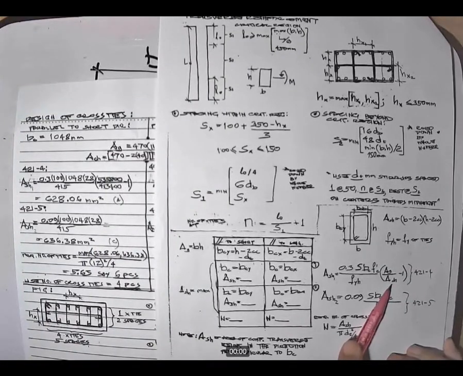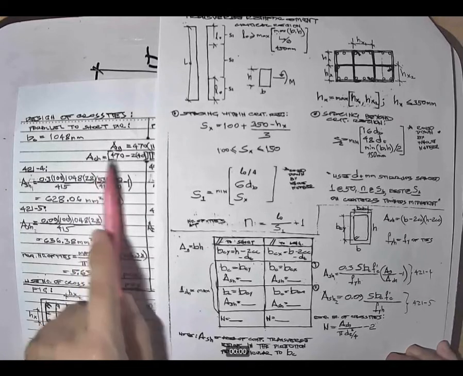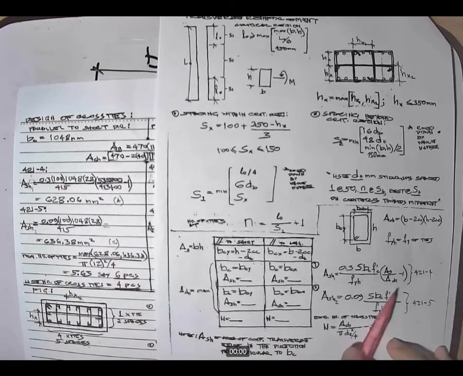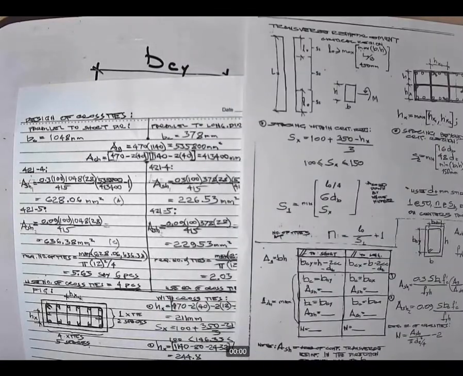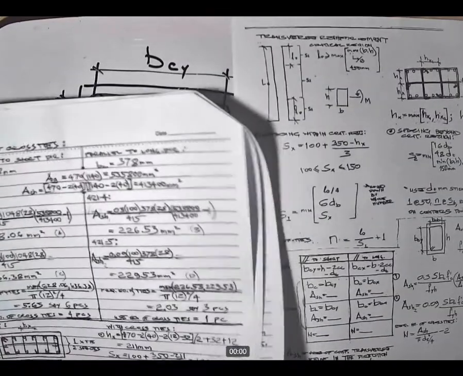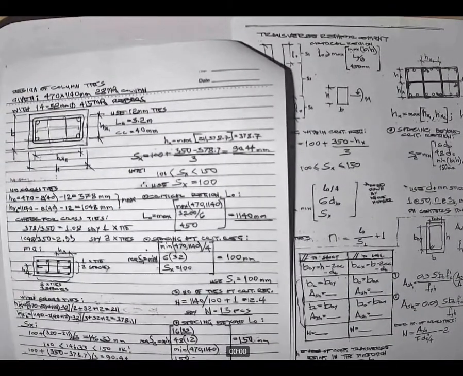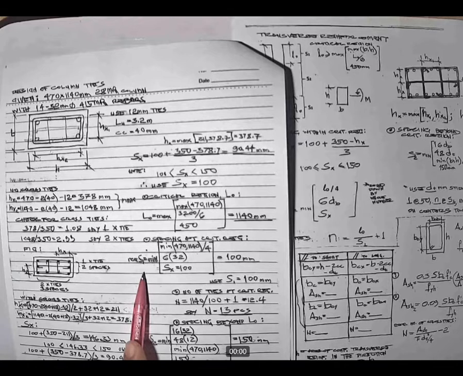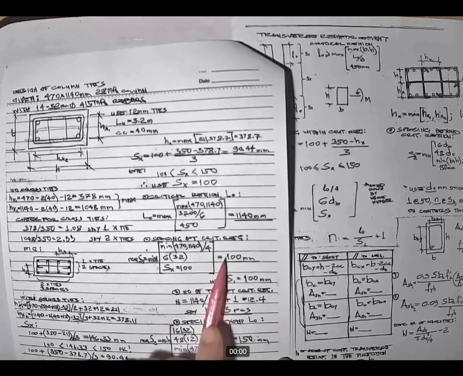Tapos meron ding ACH, yan yung area nung let's say core. So, ano ang missing dito sa equation na yan? Yung spacing. Kinuha natin yan dito. Required S1 sa critical region, which is 100. Okay?